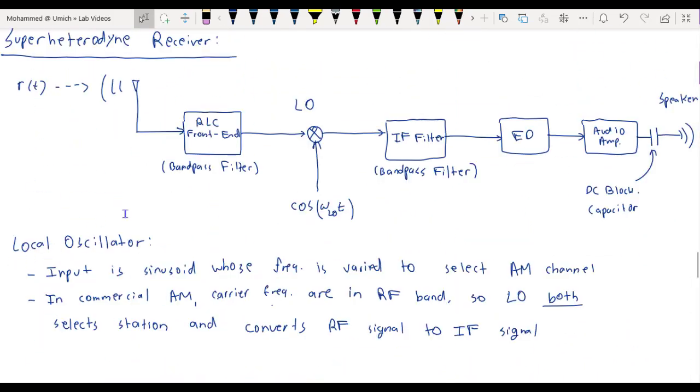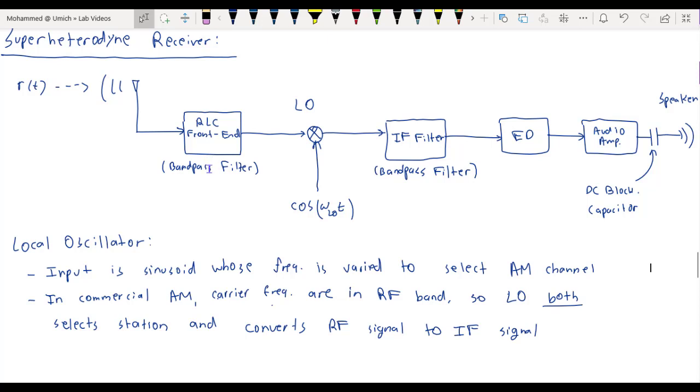And the reason is that it's very hard to build a tunable bandpass filter that also has high frequency selectivity, because in commercial AM radio, two stations are separated only by 10 kilohertz. So this bandpass filter has to be tunable in order to select different stations, but at the same time, it has to maintain a very narrow bandwidth regardless of its center frequency. And this is something that's very difficult to do in practice.